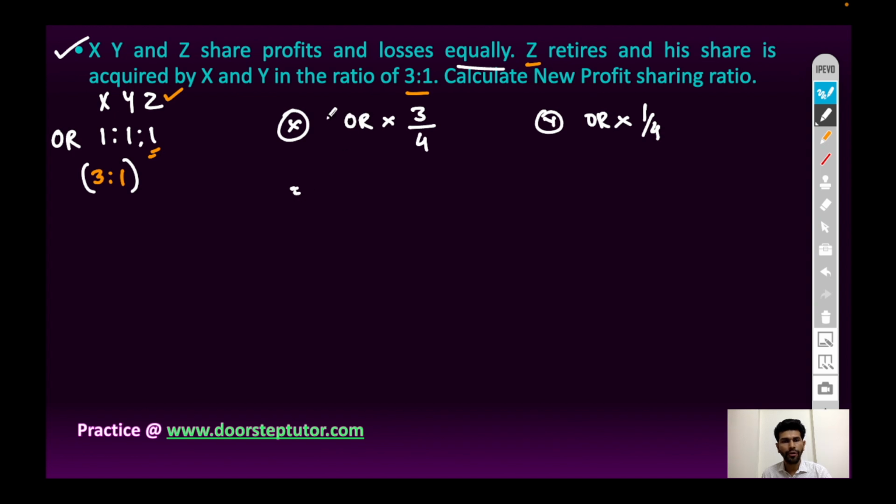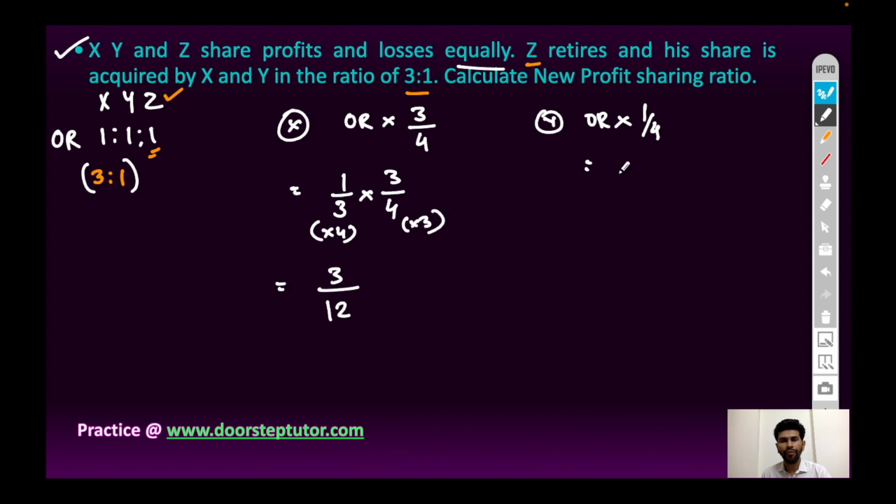So old ratio of Mr. X is 1/3 multiplied by 3/4. To get equal denominator, we have to multiply with 4 and this with 3. So we will get 1 into 3, 3 divided by 4 into 3, 12.